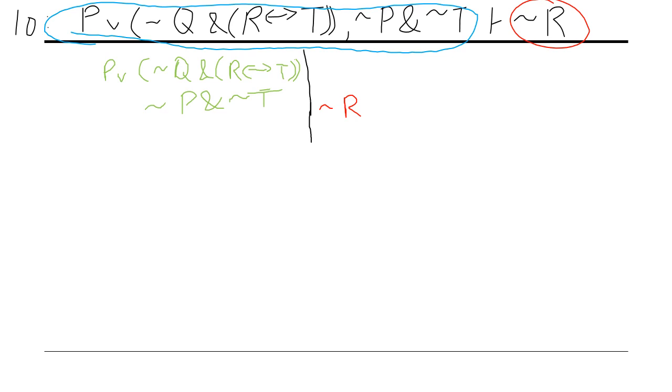So let's do the first premise. I've got these parentheses here saying this is all one thing and then the P's by itself. So what makes a wedge true? It's going to be where the left side is true or the right side is true.